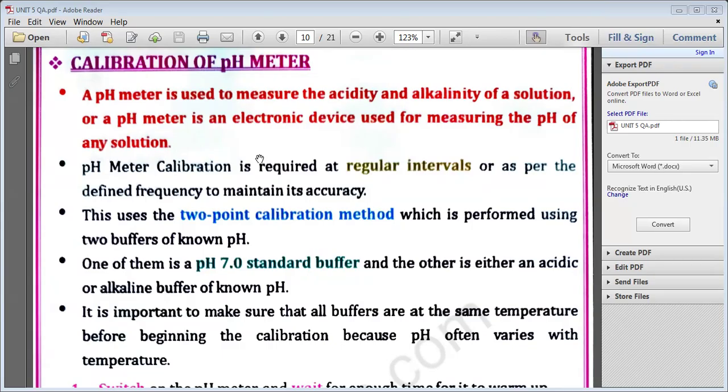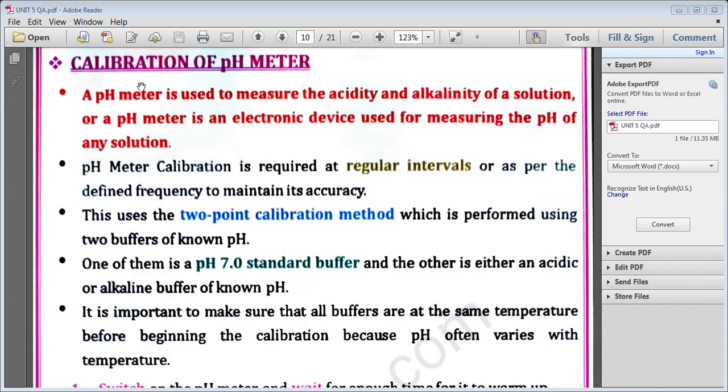But according to the actual definitions given by various bodies like ICH, USFDA, calibration is a process of checking the instrument whether it is giving the results in a predetermined manner, which are very accurate, and whether all the adjustments have been done and it is giving the predetermined results.